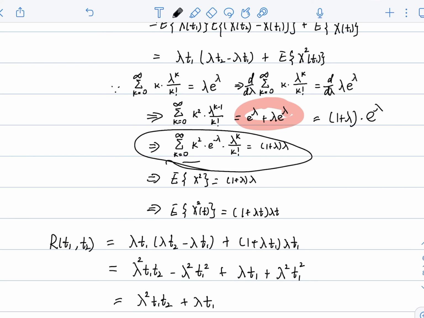Also, this expression is the expression of the expected value of X squared. Similarly, we can imply that the expected value of X(t) squared is equal to lambda t times (1 plus lambda t).